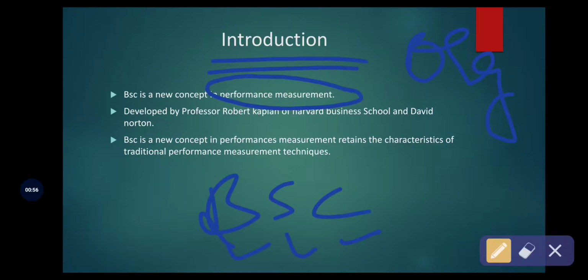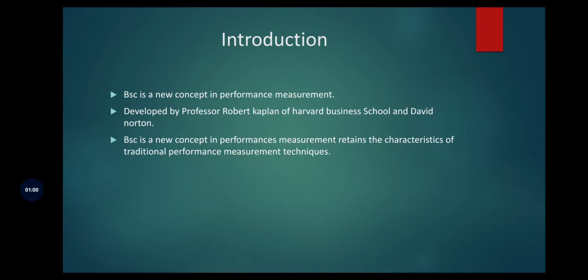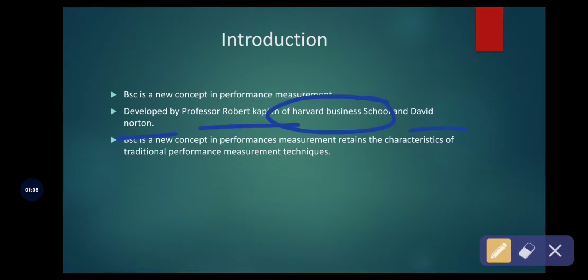In that, this is one new concept, the balanced scorecard, developed by two persons, Professor Robert Kaplan and David Norton from Harvard Business School. These two persons developed this new concept in performance measurement.